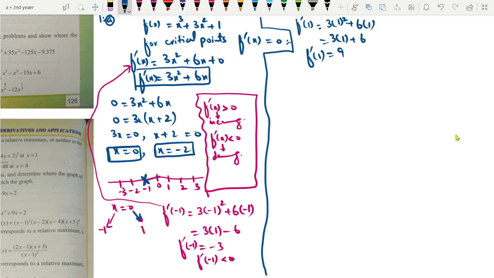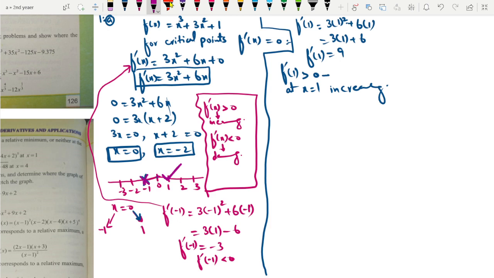F prime of 1 is greater than 0, so at x is equal to 1, function is increasing. Okay, so here the function is increasing, here this is decreasing, and this is the critical point.